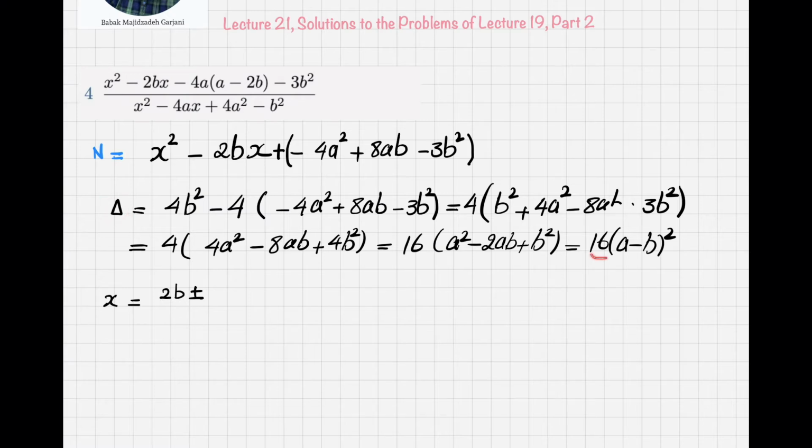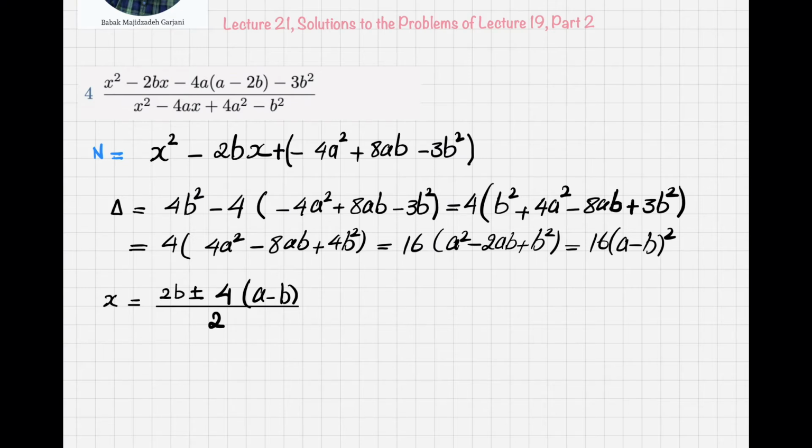But the good point is that my delta itself is a complete square, so when I take the square root of that, the square root of 16 becomes 4, and the square root of a minus b to power 2 is a minus b, and then I divide this expression by 2 times the coefficient of x squared, which is 1, so it becomes 2. Let me fix this one, it has been accidentally erased.